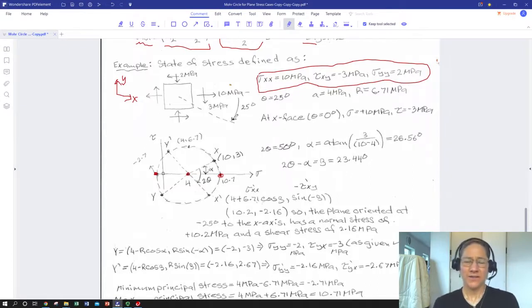Okay, so now we've got to think of, well, where was 0 degrees on this Mohr circle? So there's the trick. When you use the stress transformations directly, you just plug in 2 times negative 25. Here we've got to figure out where 0 is. So we know the x face would correspond with theta equals 0. And because we know what's applied there, we know that the normal stress on the x face is what we applied, 10 megapascals.